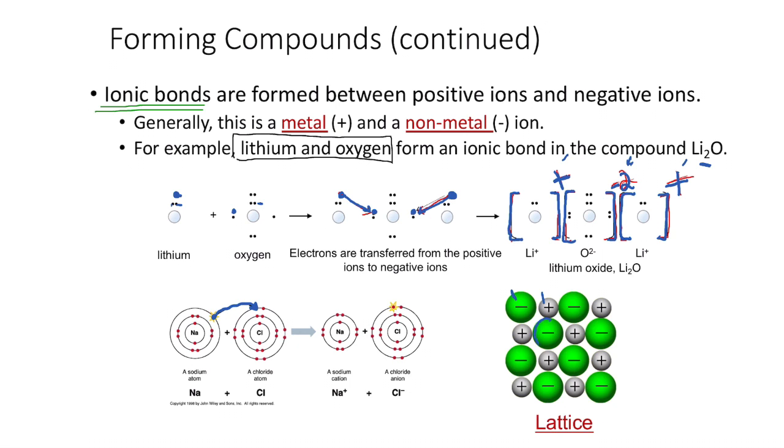So this one chloride ion here would attract this one, this one, this one, and this one. And it does that with multiple ions, forming a crystalline structure. So this is a little bit different than a covalent compound.